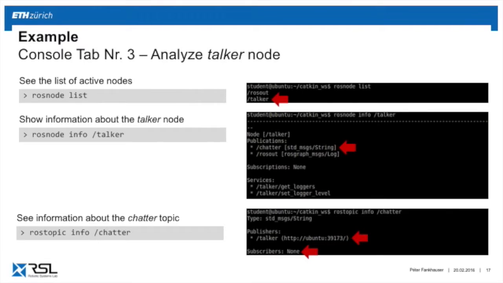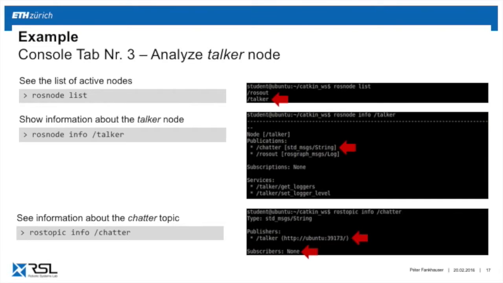Now, to know more about this topic, you can type in rostopic info /chatter to see that there's one publisher, the talker node here, and there's no subscriber yet. So this message is just sent out to nobody yet.